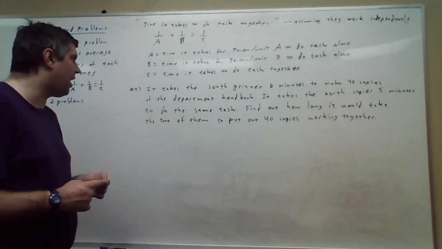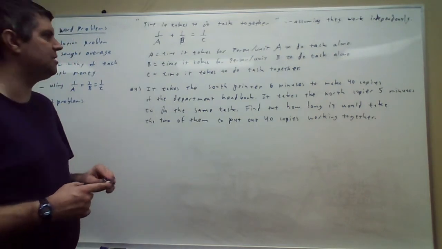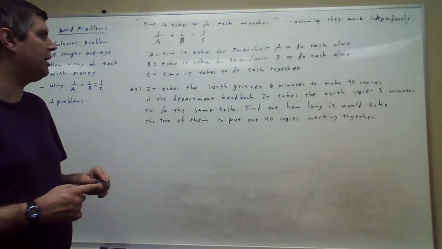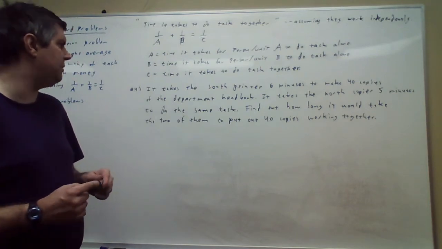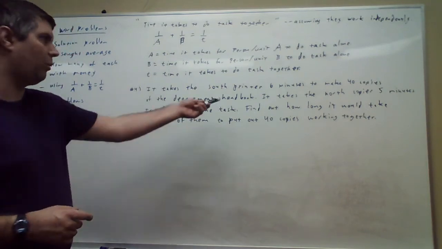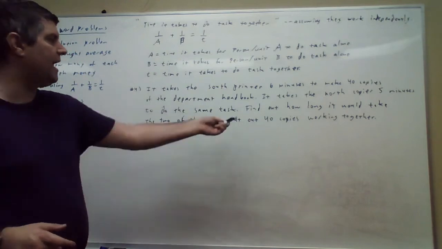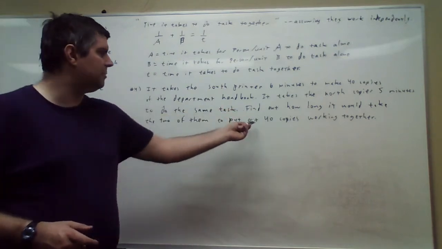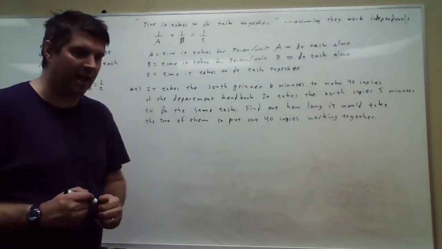So for this problem, it takes the south printer 6 minutes to make 40 copies of the department handbook. It takes the north copier 5 minutes to do the same task, make 40 copies of the department handbook. Find how long it would take the 2 of them to put out 40 copies working together.